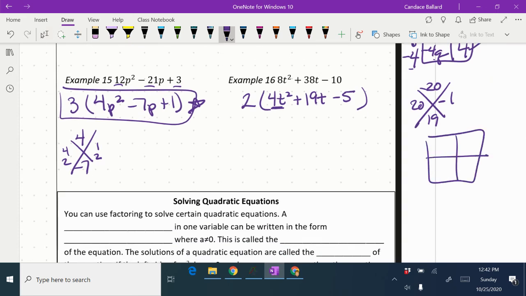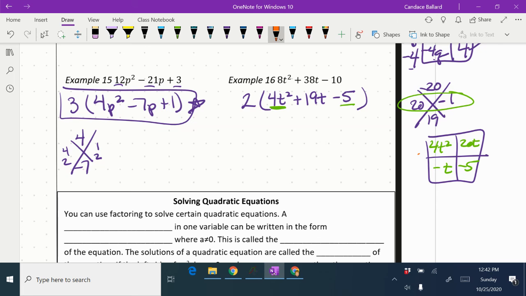So the top left-hand corner of the box is 8t squared. Sorry, it's not 8t squared, is it? I need to use my new number, so it would be 4t squared. And then the bottom right is negative 5. And then I'm going to use what I got in the magic X, so 20t and negative t.